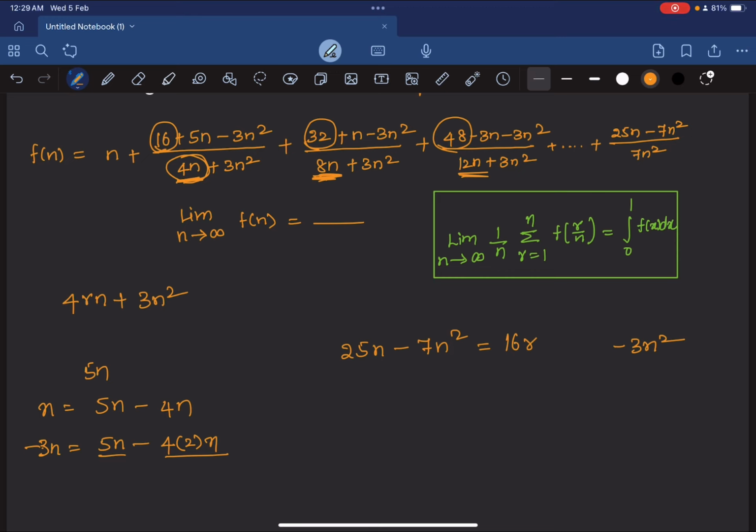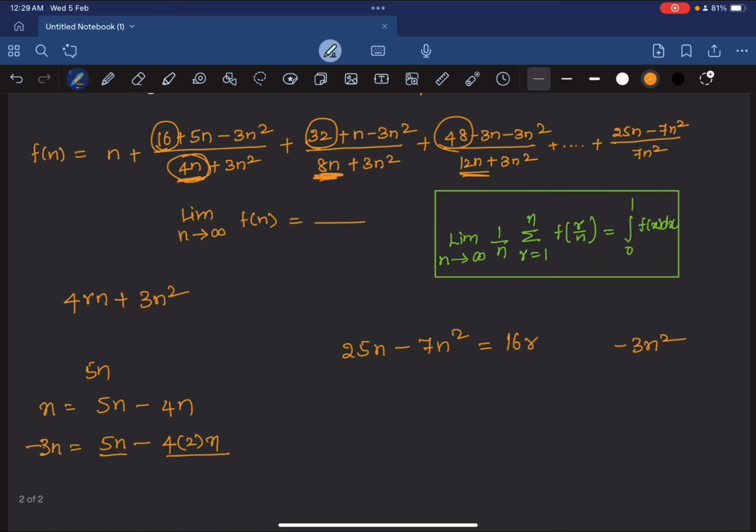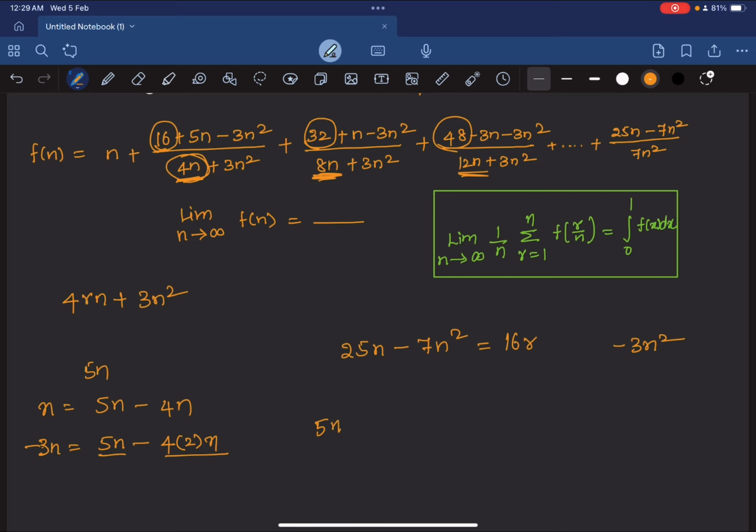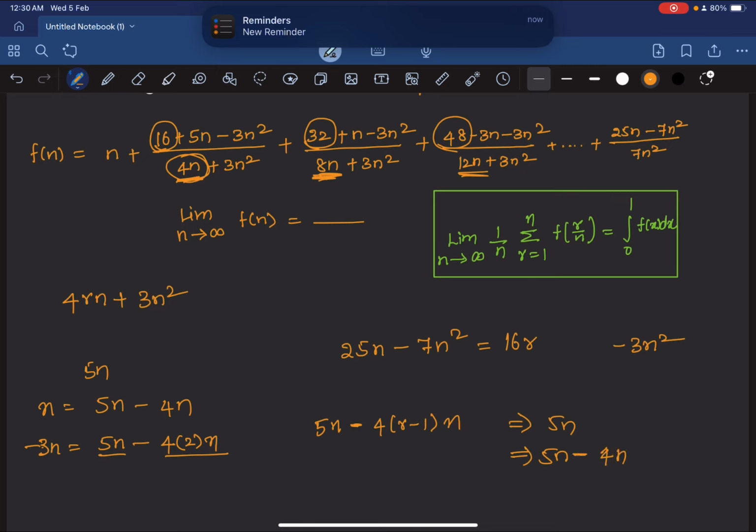So what is the general term? It will be 5n minus 4 times r minus 1 times n. You put r is equal to 1, you will get 5n. You put r is equal to 2, you will get 5n minus 4n, which is n.